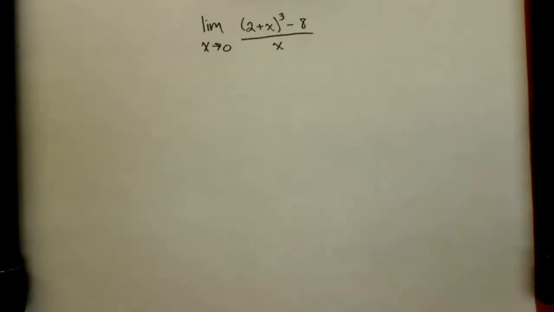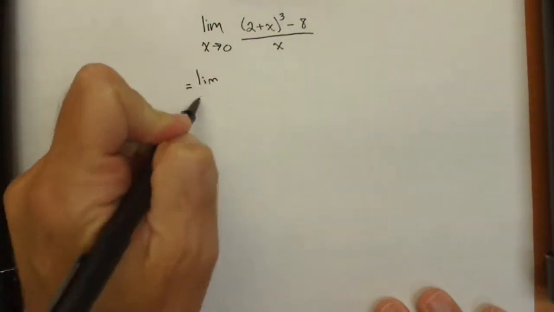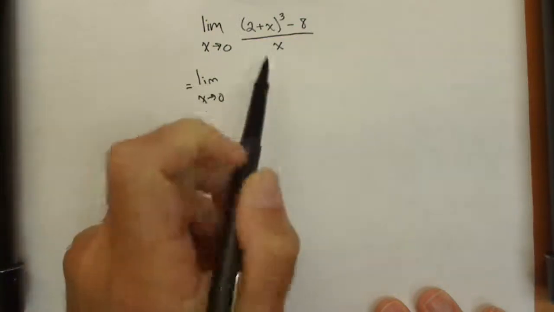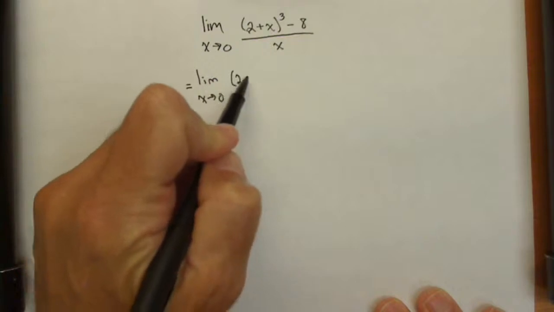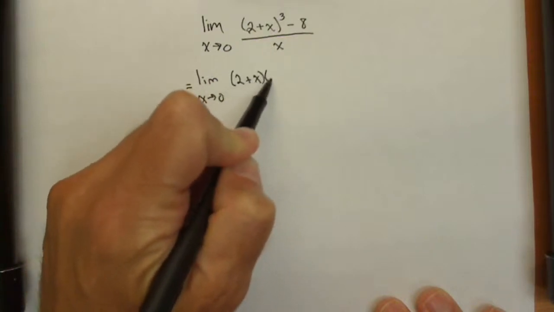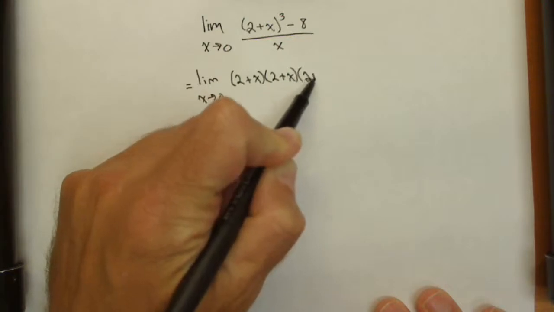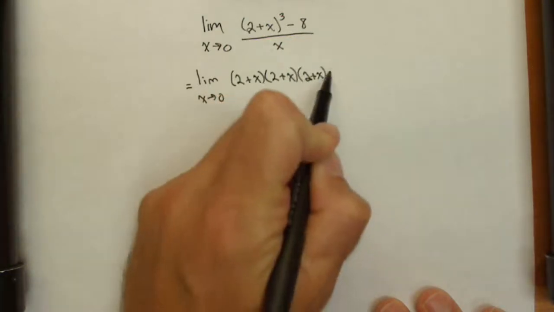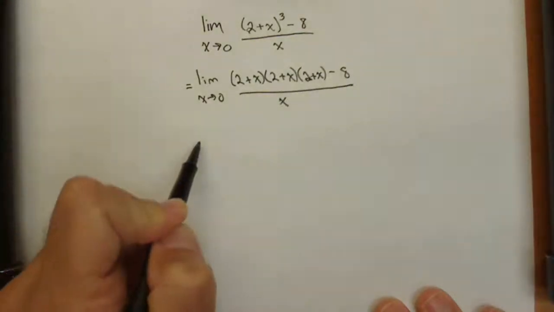What we're going to need to do is multiply out the numerator and simplify. So this is equal to the limit as x goes to 0. Now this is not 2 cubed plus x cubed. This is 2 plus x times 2 plus x times 2 plus x minus 8 all over x.